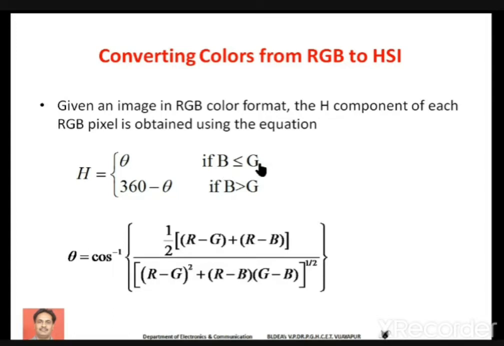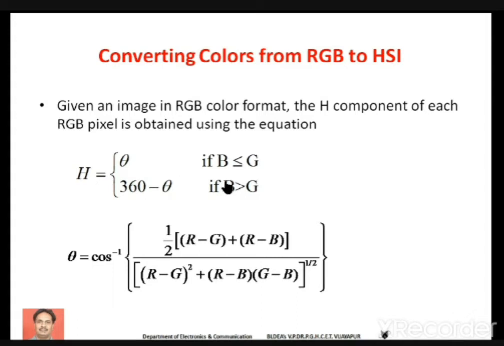We are given R, G, and B values for a pixel. First, you check whether B value is less than or equal to G. If it is true, then hue can be calculated as theta itself, where theta is given by this particular formula. You have to remember this formula, no way. So theta is calculated by using this formula, and we consider H equal to theta in case B is less than or equal to G.